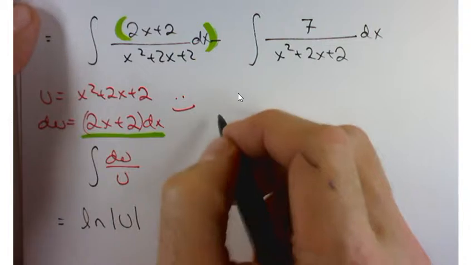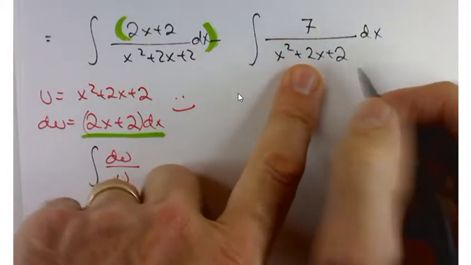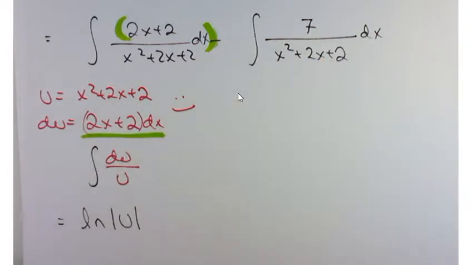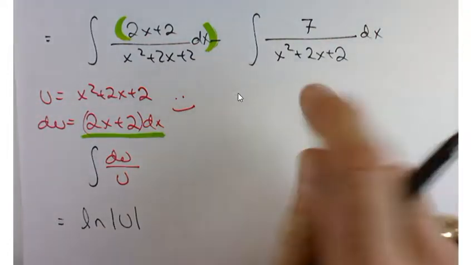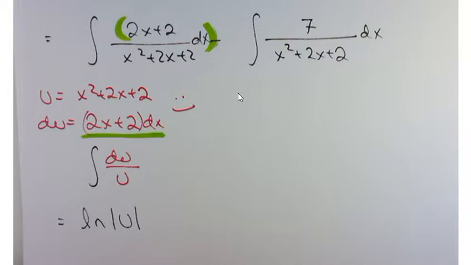Now, over here, any ideas what we're going to do with this one to integrate that one? All right, we can take the 7 out in front, but it's dealing with the denominator that's going to be a little bit challenging on this one. So, any ideas?